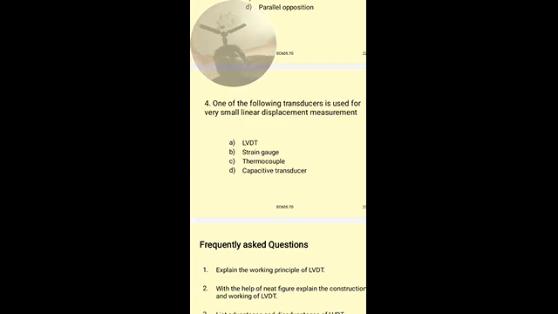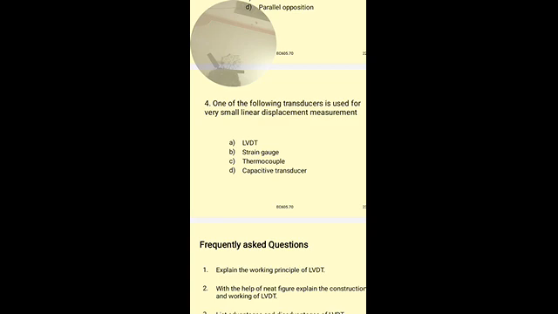Mention 6 important applications of strain gauge, potentiometric transducer, capacitive transducer and inductive transducer.